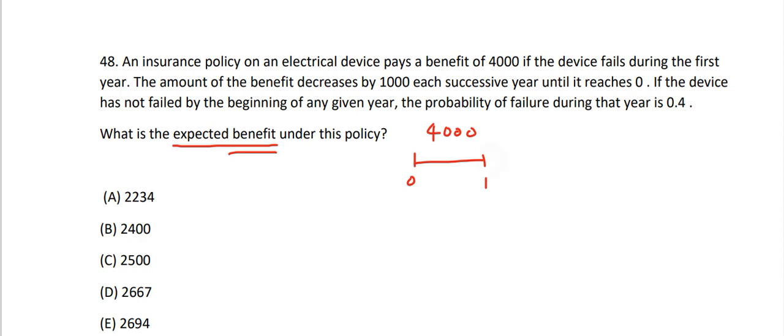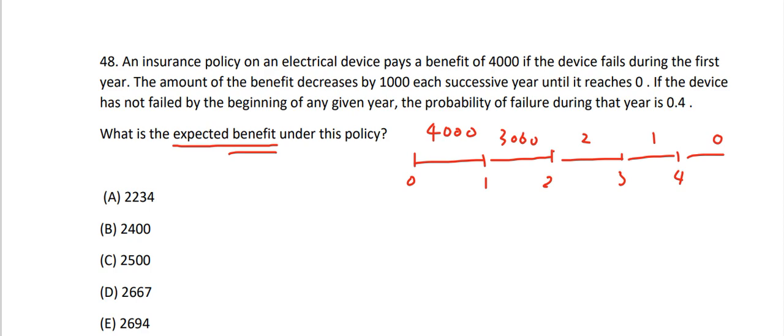And if failure in the second year, they will pay 3,000. Then 2,000, right? Then 1,000. Then here 0.